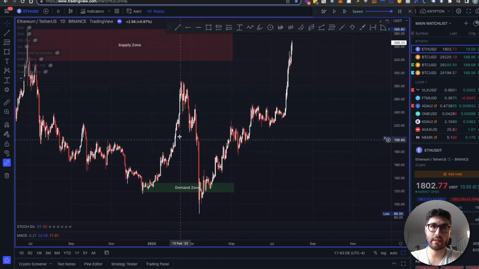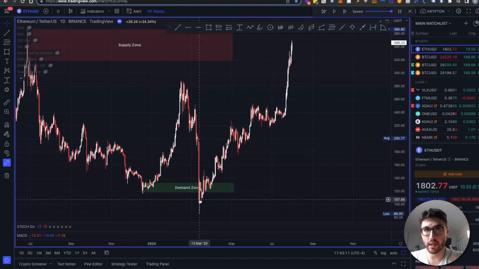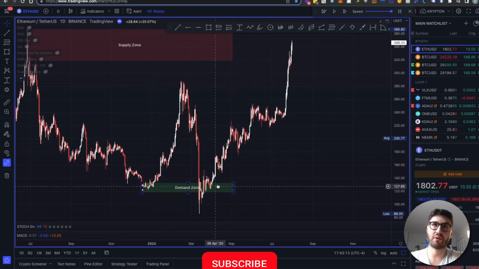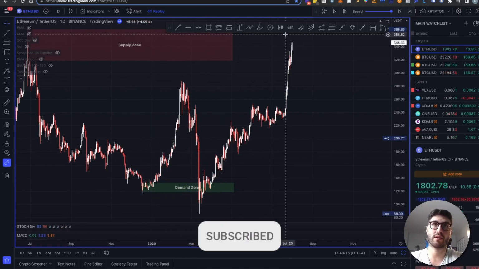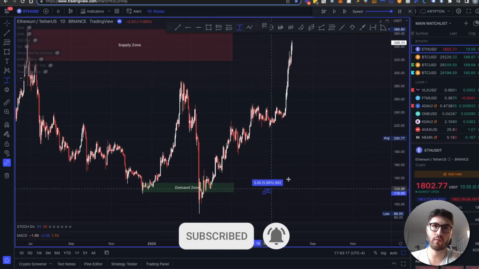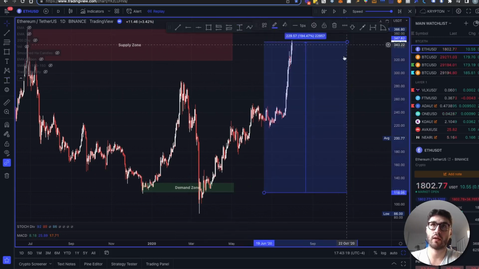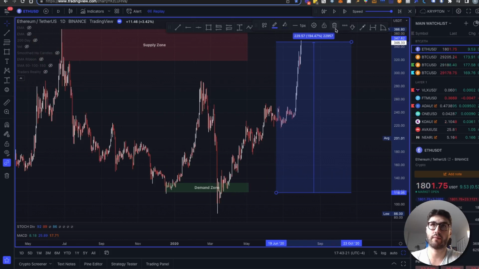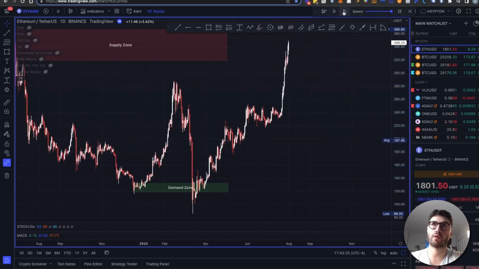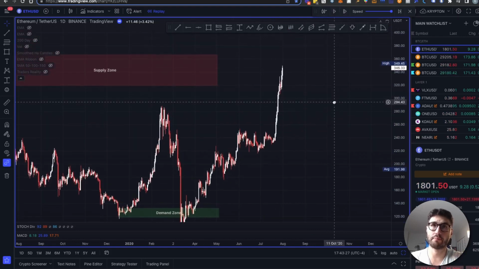There was an imbalance in orders, it came down to the demand zone, refilled the orders, and it went back to the supply zone, right? So imagine if you would have taken that long position, that would have been a 194% gain. So that's why it's very important to understand these zones so that you can prepare yourself, right?